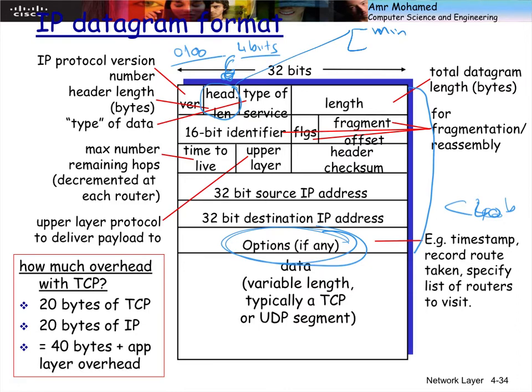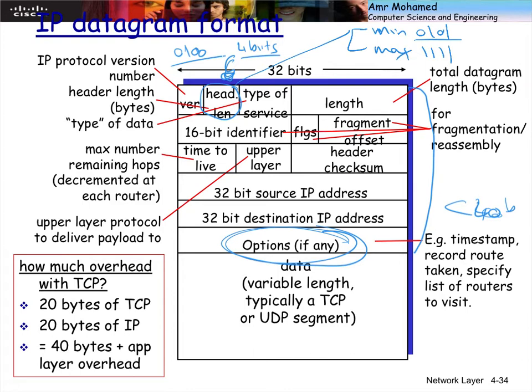These 20 are organized in terms of 4-byte words, right? So it's 20 over 4, which is 5. So this is 5 in binary. Okay? So the maximum value is 1111, which is 15, and 15 here corresponds to 60 bytes.